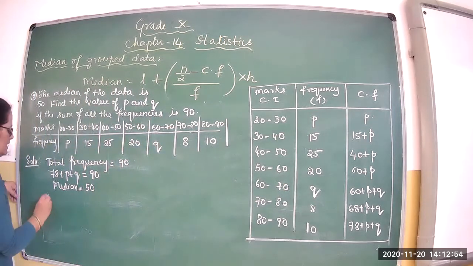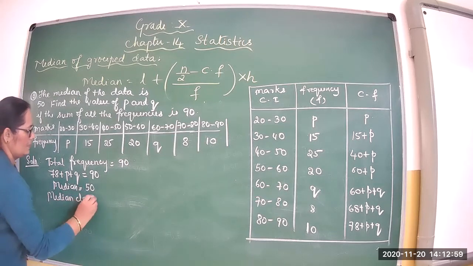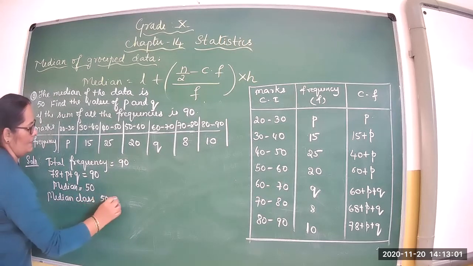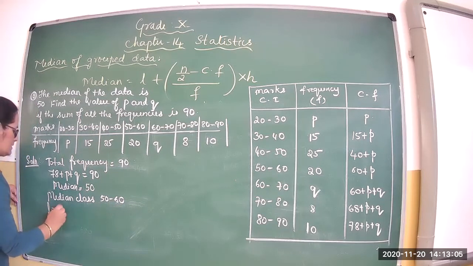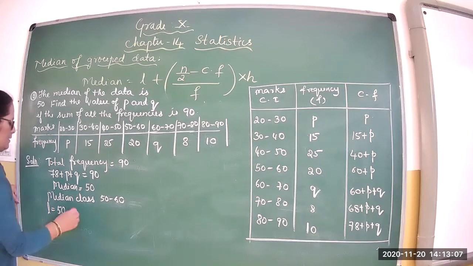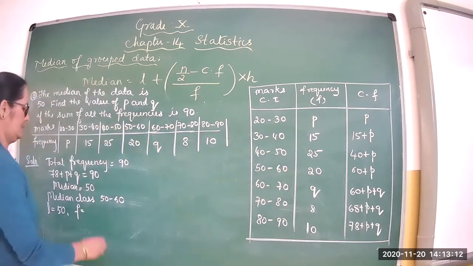So the median class is 50 to 60. The lower limit of the class is 50 and the frequency of the median class is 20.